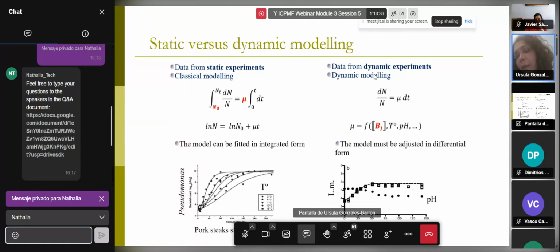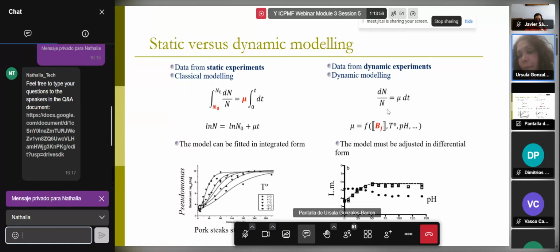In the case of dynamic modeling, I have to solve a primary model that is in differential form with a secondary model. So I have to fit them together.